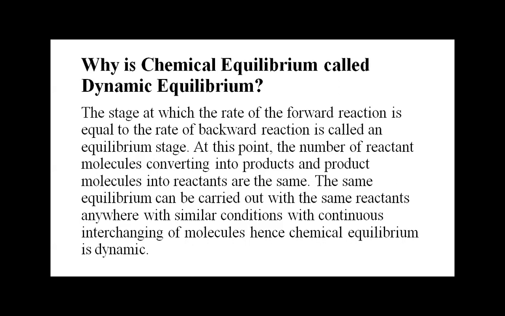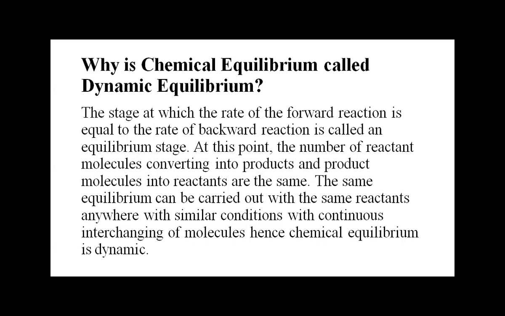No. The number of students entering from ground to classroom and from classroom to ground remains the same. Here, you can say the number of reactant molecules getting converted into product and product molecules getting converted into reactants are the same, and that state is called equilibrium. Therefore we say reactant and product concentration remains constant, not the same, remains constant. So that is said to be equilibrium.